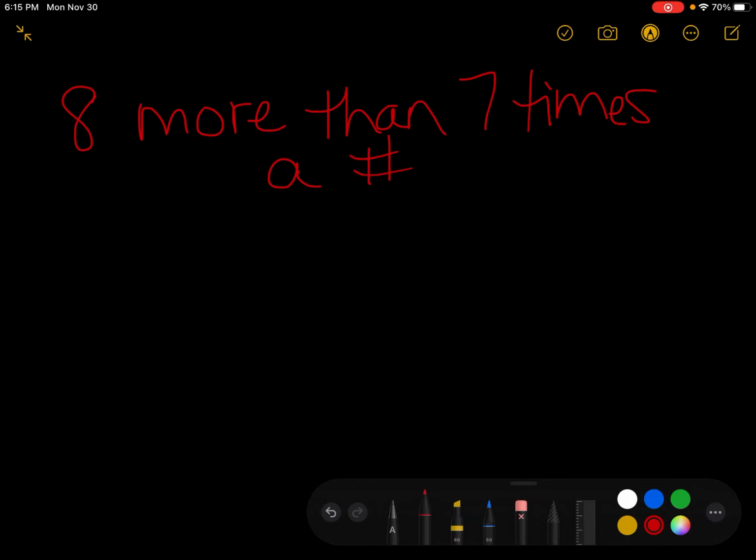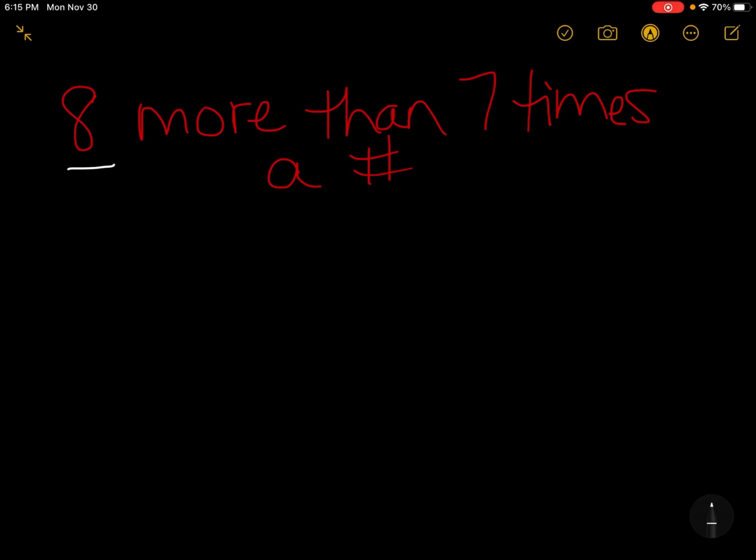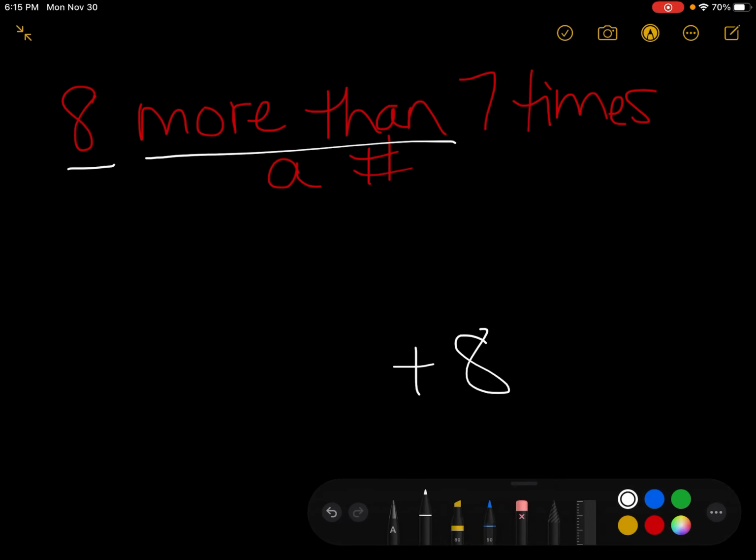We are looking at something very similar to the last one, where we have 8, a regular number in here, but 8 what? What are we doing with 8? And we can go ahead and include that next set of words there, more than. 8 more than. So that automatically translates to plus 8. Let's look at what else we can find. 8 more than 7 times a number.